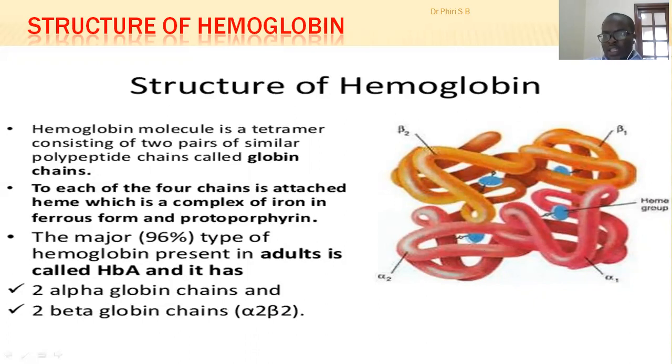So you can appreciate the heme group at the center of the polypeptide chain. The heme group is the one that contains iron, and depending on the state of the iron, it's either going to combine with oxygen or not. If it's in ferric state, when it loses 3 electrons and then it's having a +3 sign, then it's in ferric state, it can't bind with oxygen.